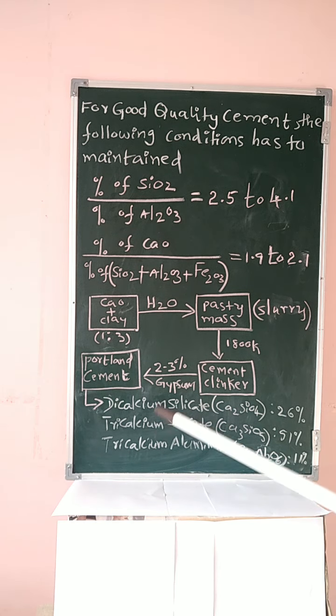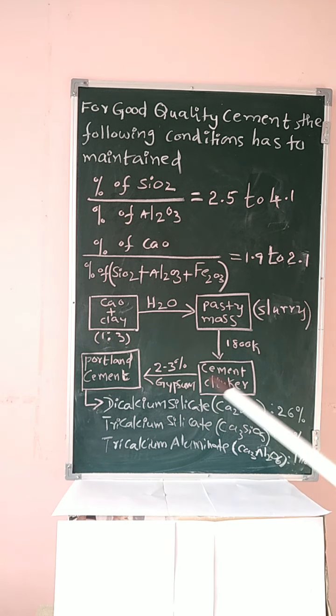From a competitive point of view, what are the ingredients present in Portland cement and what are their percentages? These are important, students. These are the ingredients present in Portland cement after the manufacturing of cement. Copy this, students.